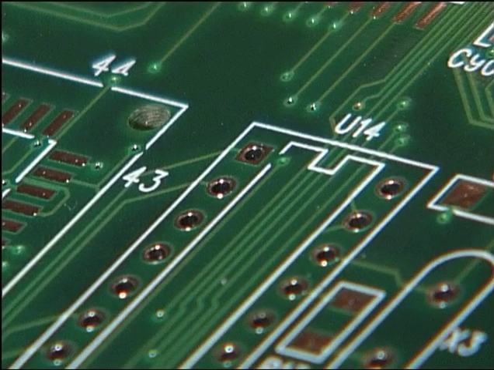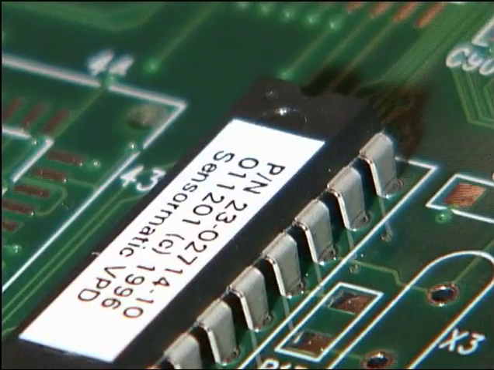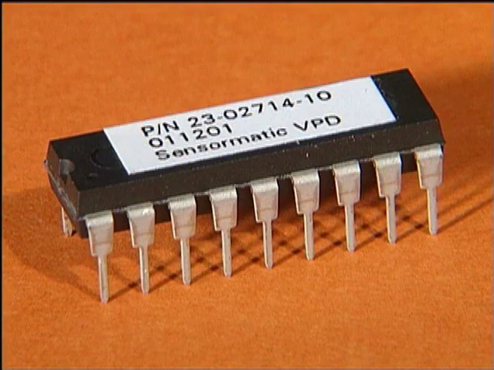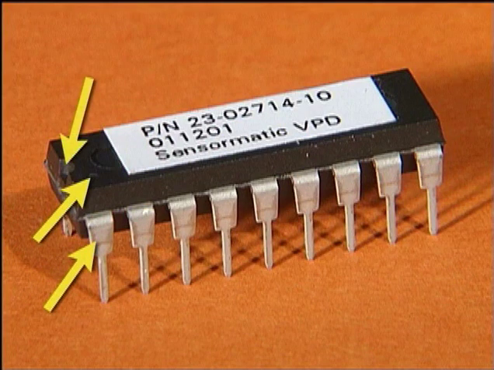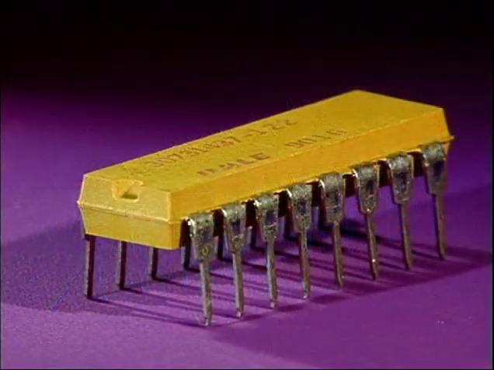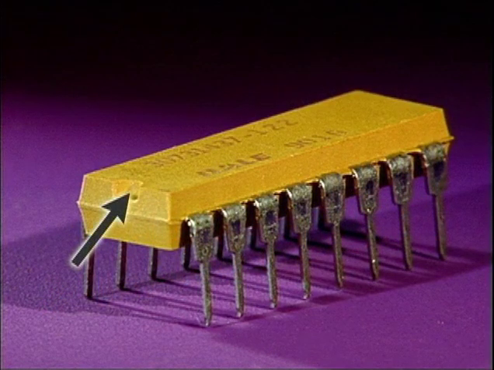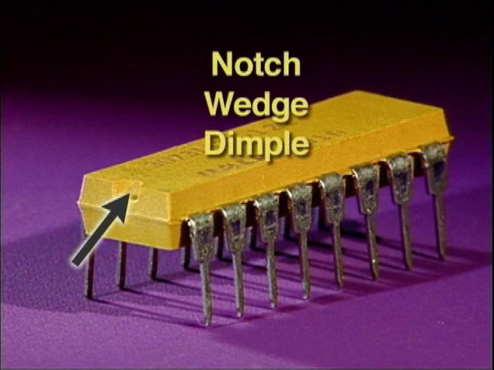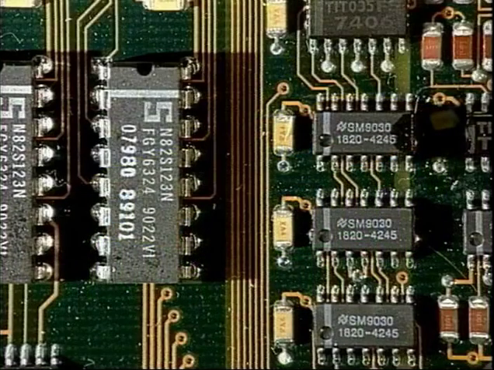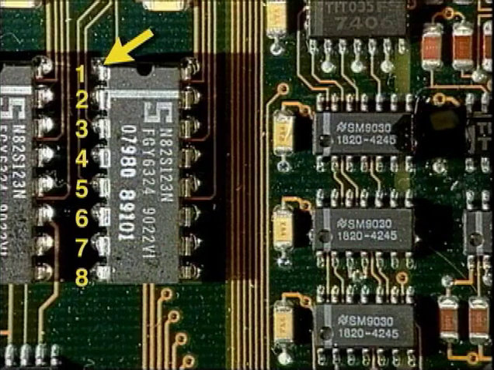The most common reference designator for an IC, such as a DIP, is the letter U. The orientation marking for DIPs is either right over pin 1 or on the end where pin 1 is found. As we mentioned earlier, the most common orientation markings are a notch, a wedge, a dimple, a stripe, or the actual number, and the leads are counted counterclockwise from pin 1.